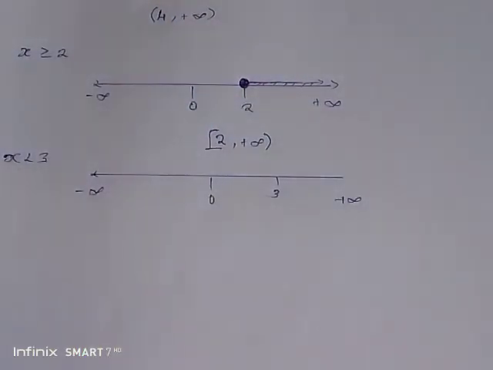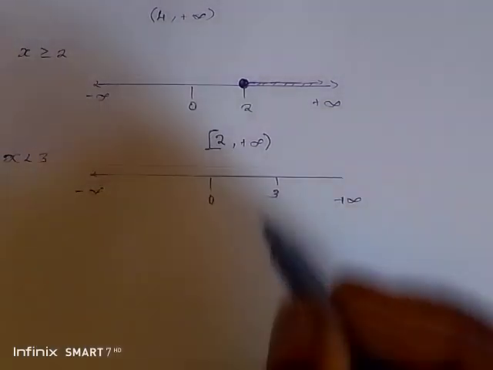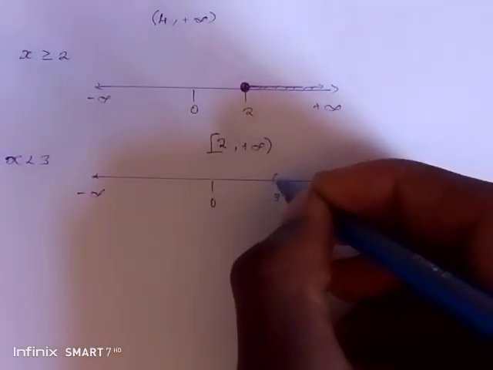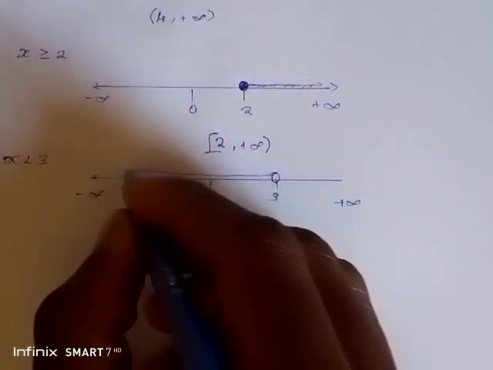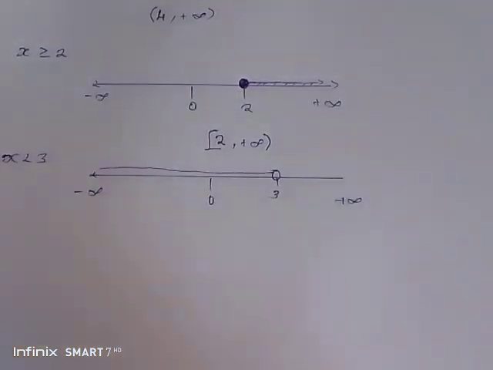So x is less than 3. We are going to make an open circle here, and we are going to shade all the way from 3 to negative infinity, because they have not given us the limit where we should end.